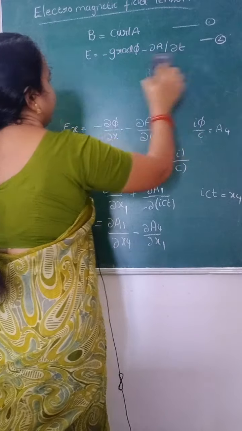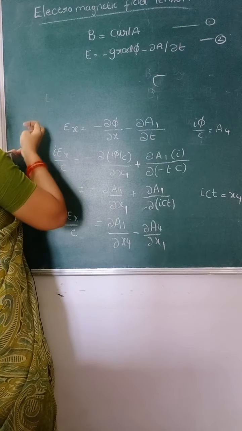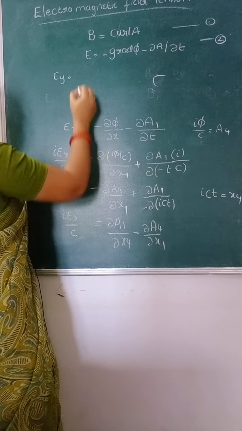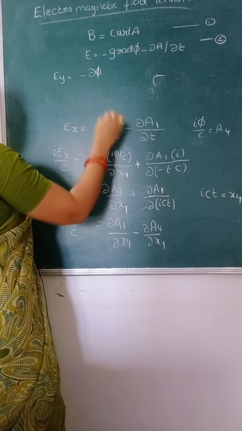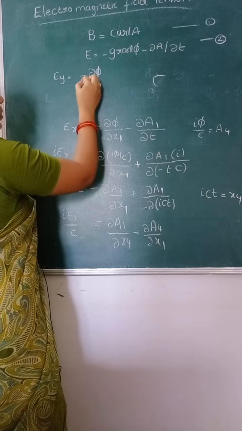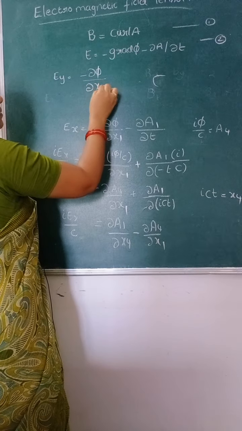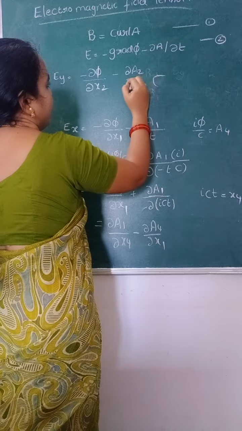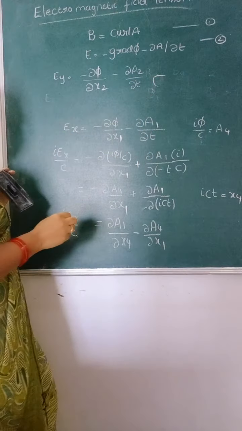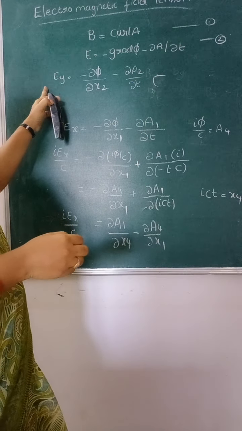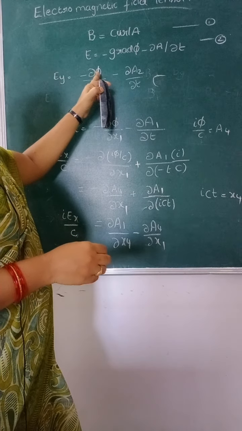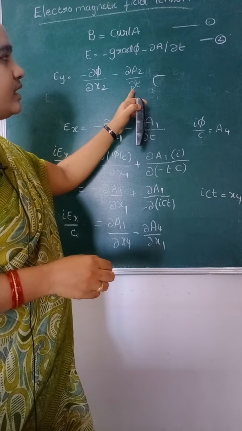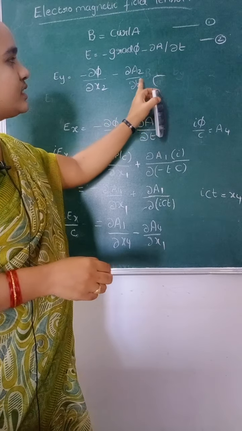Similarly, what is the Ey component? Ey is equal to minus dou phi by dou x2 minus dou A2 by dou t. As before, multiply the total equation with i by c, then i phi by c is A4. Similarly, the negative sign comes to the denominator, so this total value is ict.